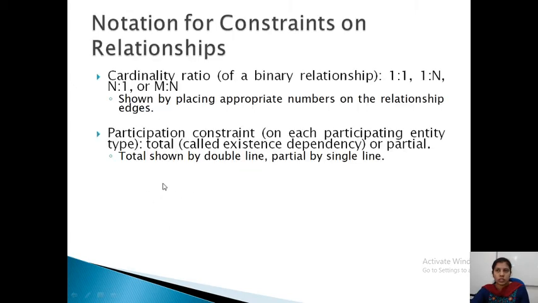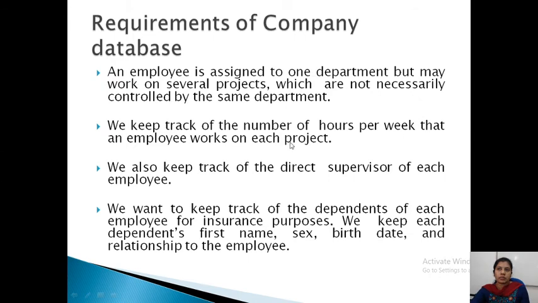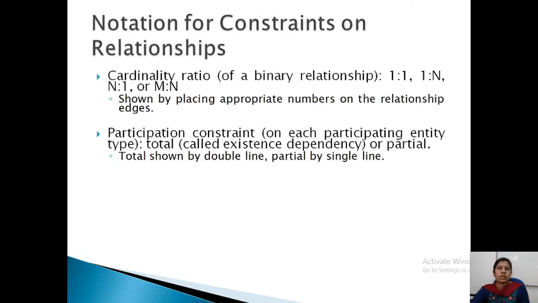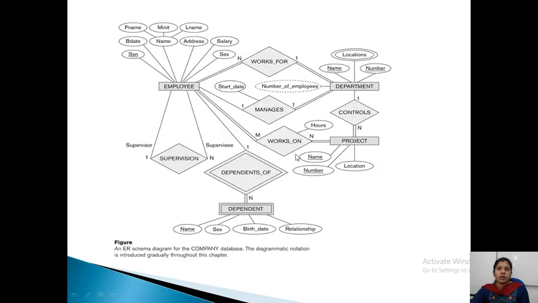Okay, and then employee works on project. What they have mentioned here is that an employee is assigned to one department but may work on several projects. That's why here in works on, one employee can work on several projects, and a project can be developed or maintained by multiple employees or many employees.